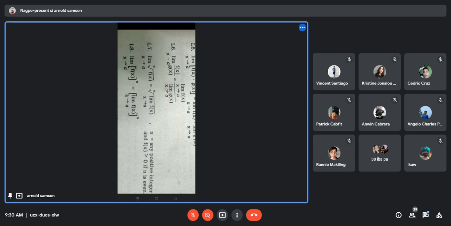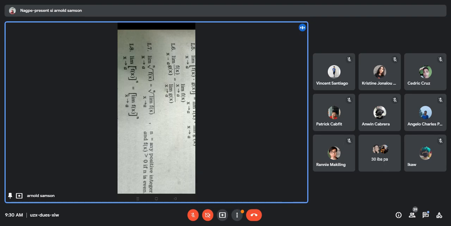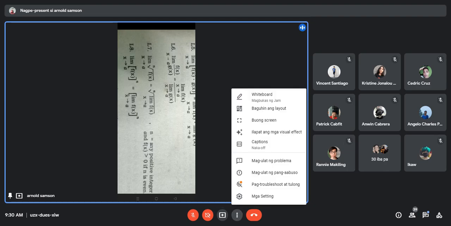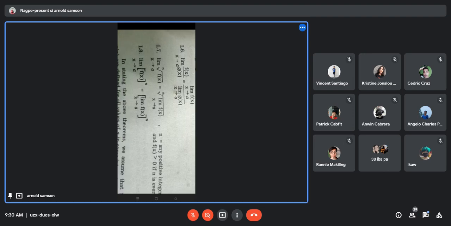No? The limit of nth root. Ibig sabihin, the limit of f of x raised to nth root, no? Or sabihin natin the radical, okay? When x approaches to a, ang limit natin, ipapasok natin doon mismo sa loob, no? Doon sa radicand. Okay?